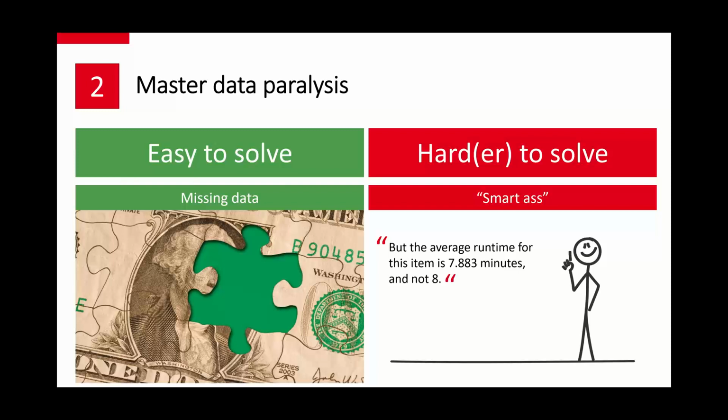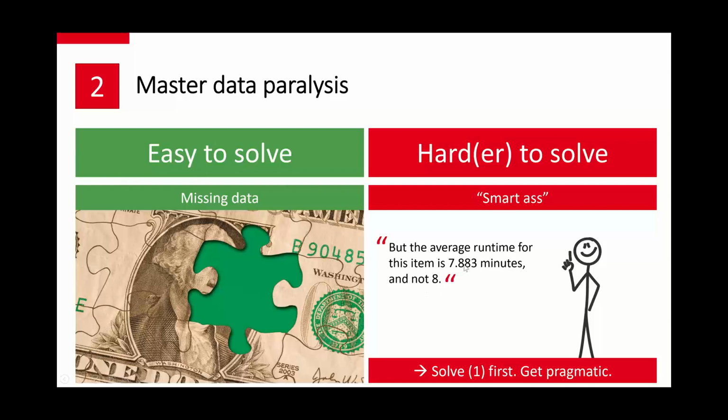Or who look at the things and say, oh, well, have we considered that we may have a change in demand due to this factor and that factor and that factor. If you get into this kind of discussion in the phase where you're looking at production scheduling, then you really have a problem. And then you need to solve one first. You need to get pragmatic. For scheduling purposes, it really doesn't matter if this is 7.883 or 8.